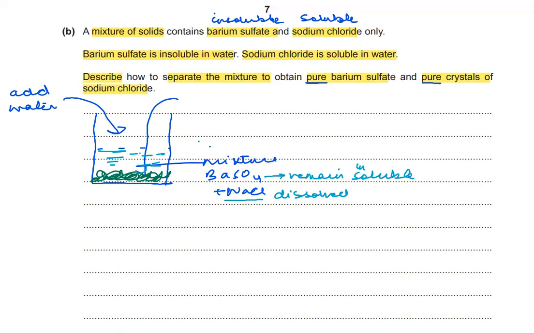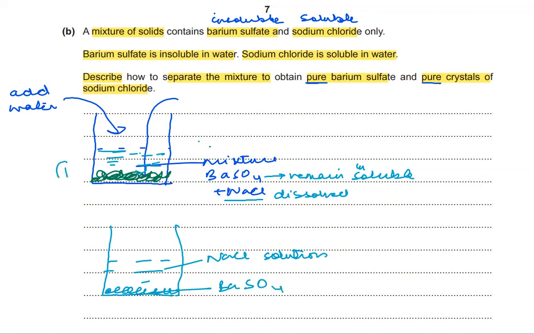The insoluble substance is going to settle down, whereas the sodium chloride will dissolve and form the solution. You will be having NaCl solution being formed, and you will be having the insoluble barium sulfate left at the base because it's insoluble.